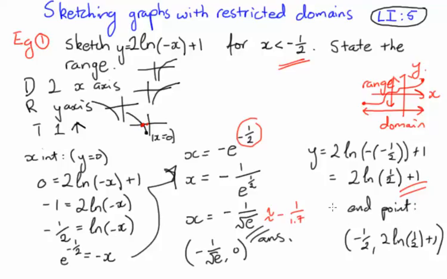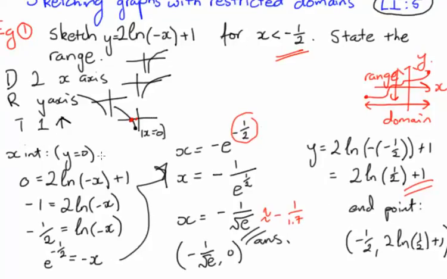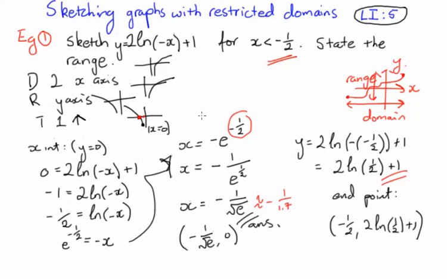Now I want to emphasize over here, whoops, I didn't mean to zoom in. Bear with me. I want to emphasize that this asymptote, because it just stops there, you don't actually have to put in the asymptote because it's not approaching it.